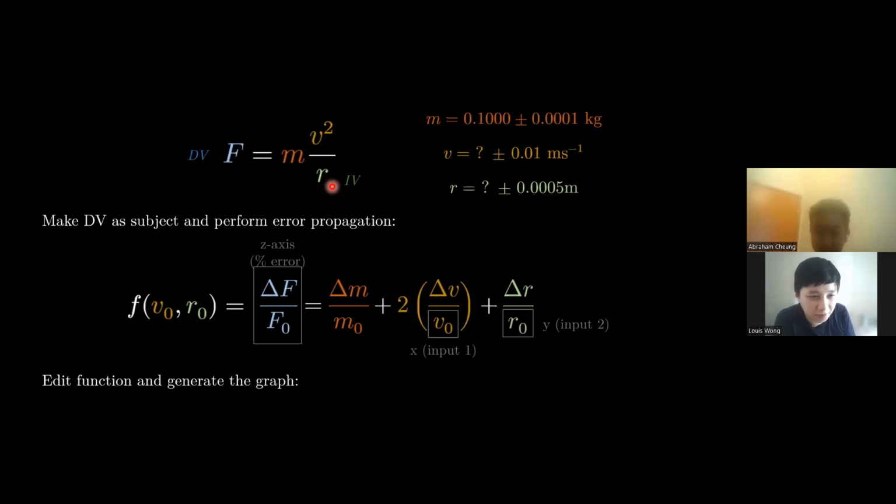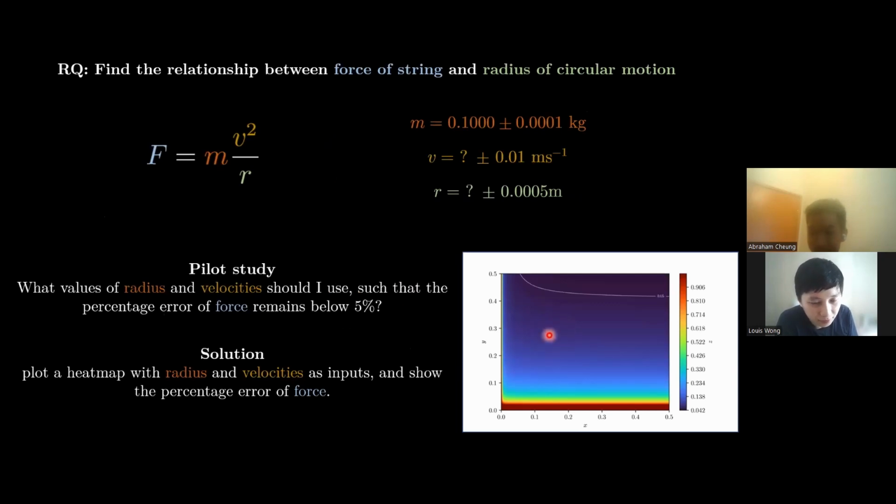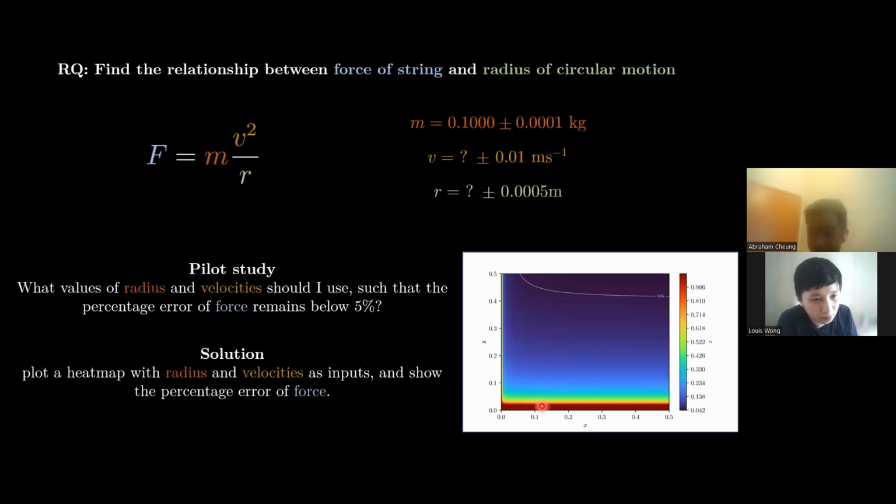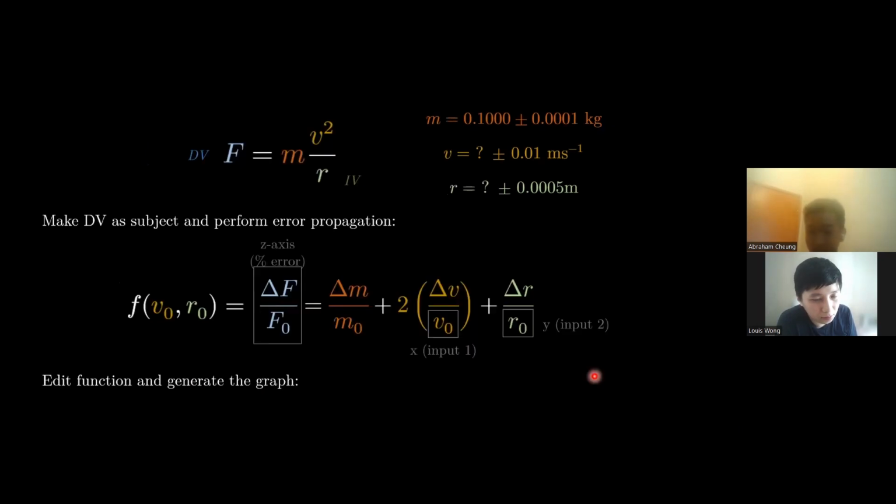The 2D function takes in two inputs, which are the velocity and the R, so we want to find which values are correct. The function that produces the colors, the red and the blue, is given by this function, and it outputs the percentage error.